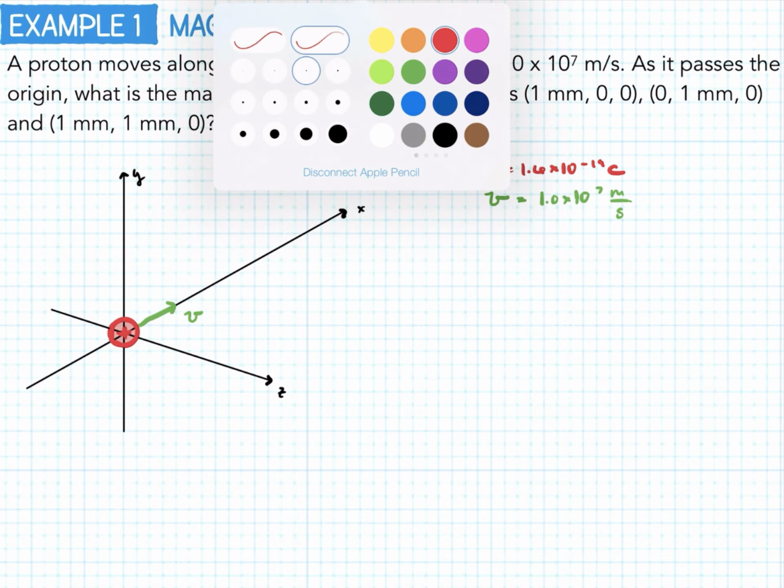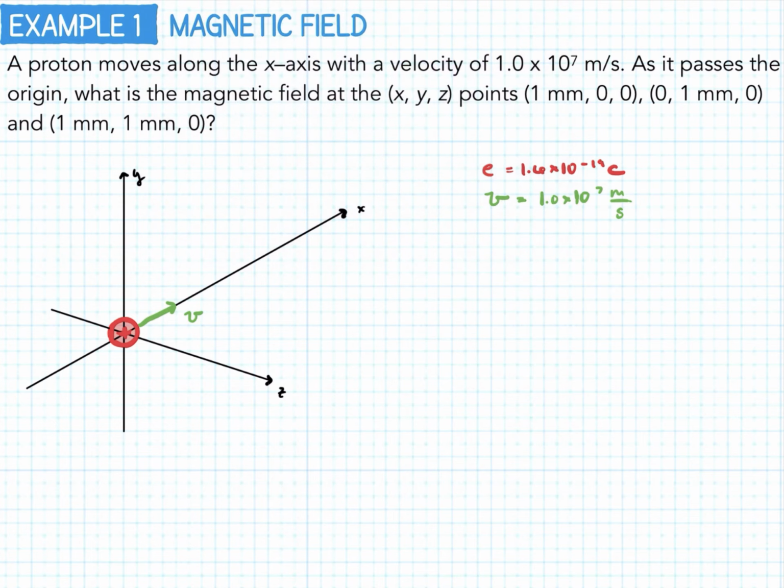And now we want to figure out our 3 points that we're going to calculate. I'll use different colors to indicate the different points. Position 1 should be along the x-axis over here. Position 2 is going to be on the y-axis.